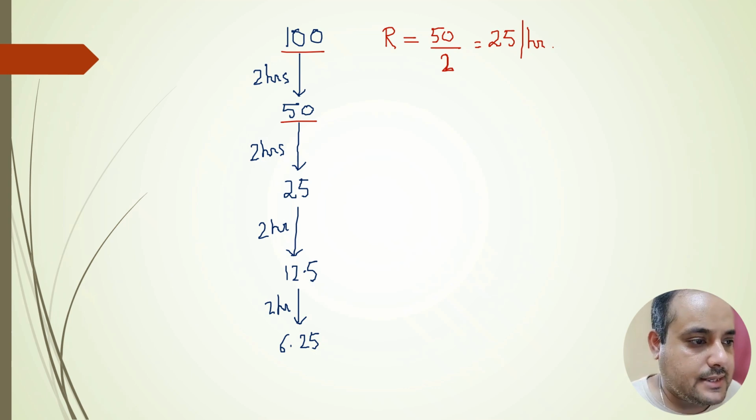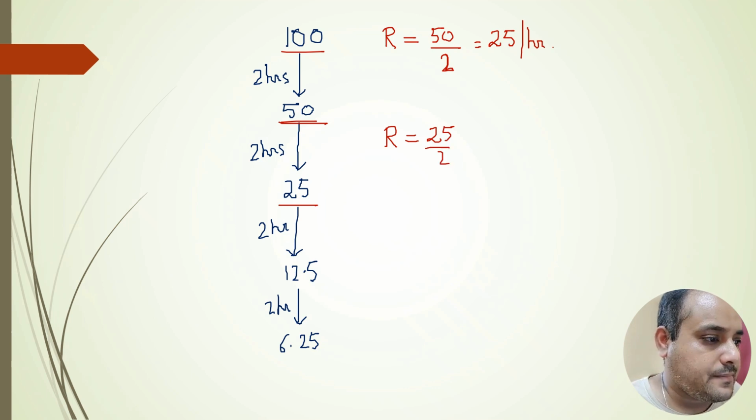Now in this case I have started with 50 molecules and now I have 25 molecules. So I have lost 25 molecules, and the rate will be 25 divided by 2. It will be 12.5 per hour. Now in this case I had 25 molecules and I ended up with 12.5.